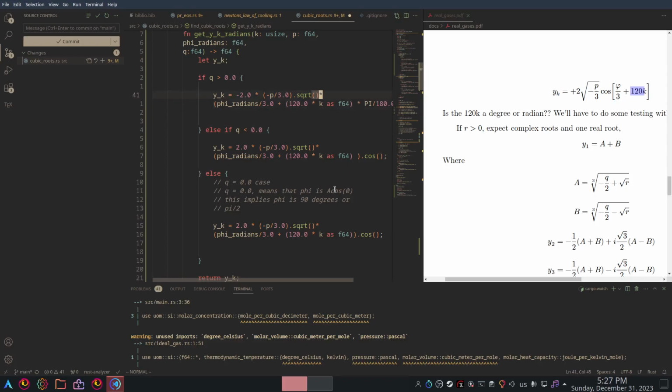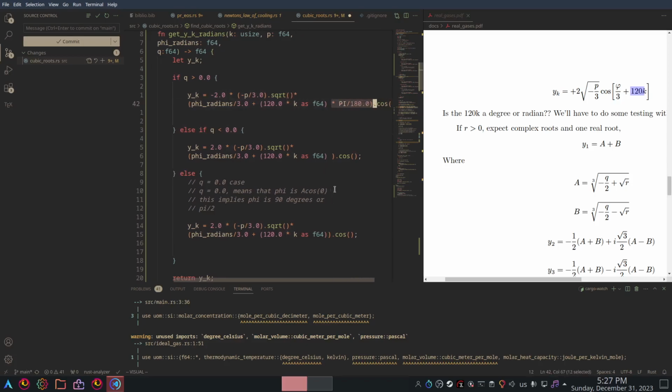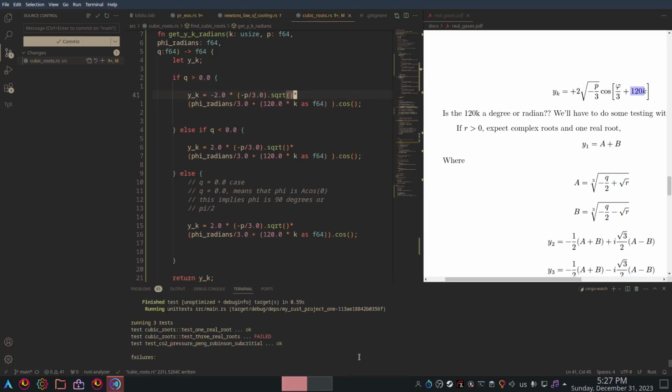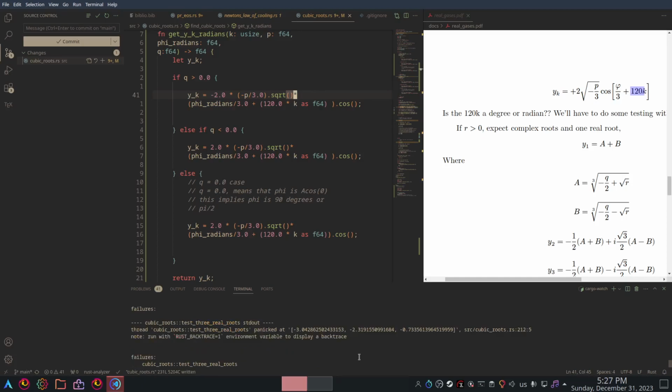And that's the thing about units. It's always good to specify the units explicitly. So let's check out what the values are this time. Minus 3.042. Minus 2.319, and minus 0.733.